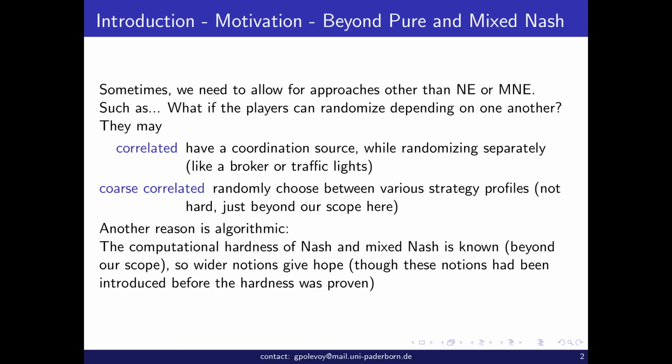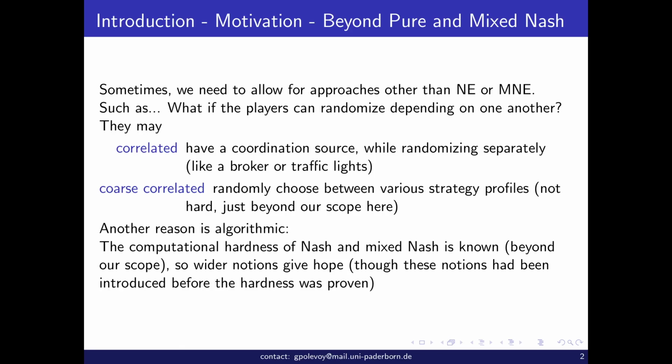Now, a further step would be that we randomly choose between various options, so that we even randomize together. So one way is that we randomize, each one of us seeing some perhaps different signal.